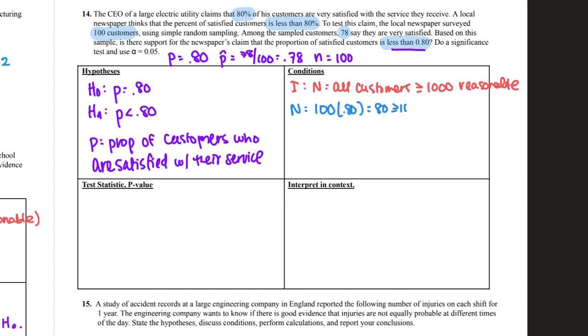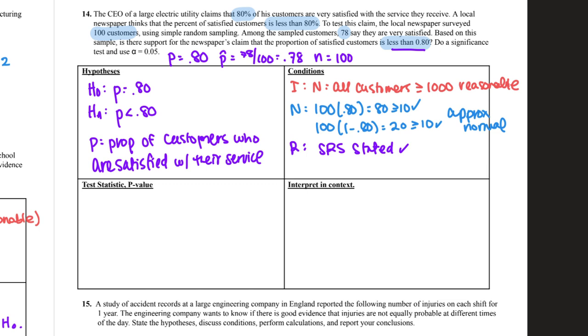That's greater than or equal to 10. That's good. And then we have to do 100 times 1 minus p, which is 20. That's greater than or equal to 10, so that's good. That means we're approximately normal. And the random condition, it does state that it was a simple random sample. So our SRS is stated.